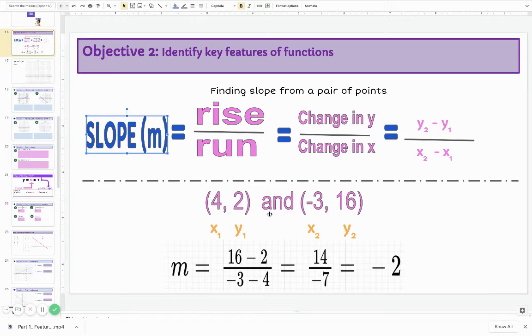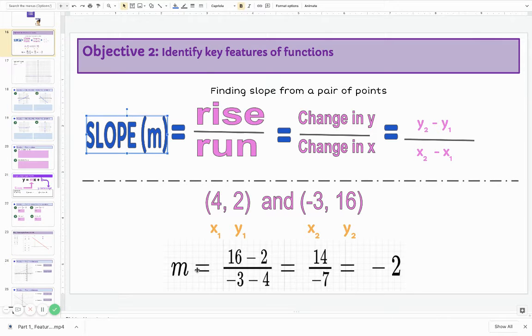We have the ordered pair 4, 2 and -3, 16. I'm just going to label these at the bottom. So my first ordered pair, I'm going to label x sub 1 and y sub 1. And my second ordered pair, I'm going to label x sub 2 and y sub 2, just so I keep these things organized. So I'm looking at my equation.